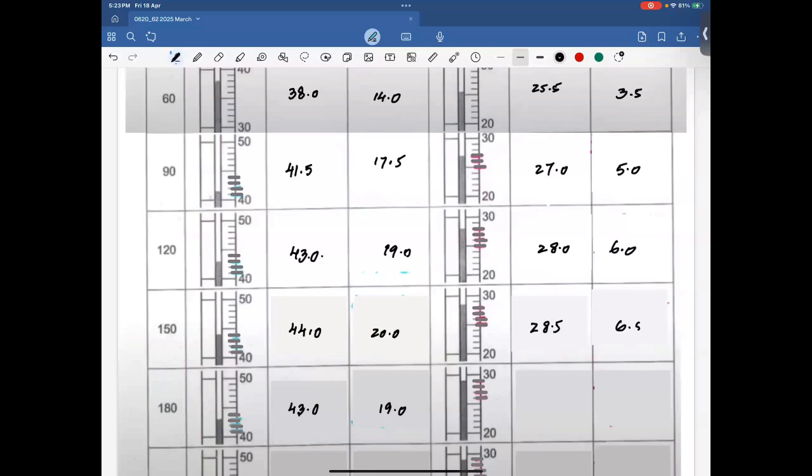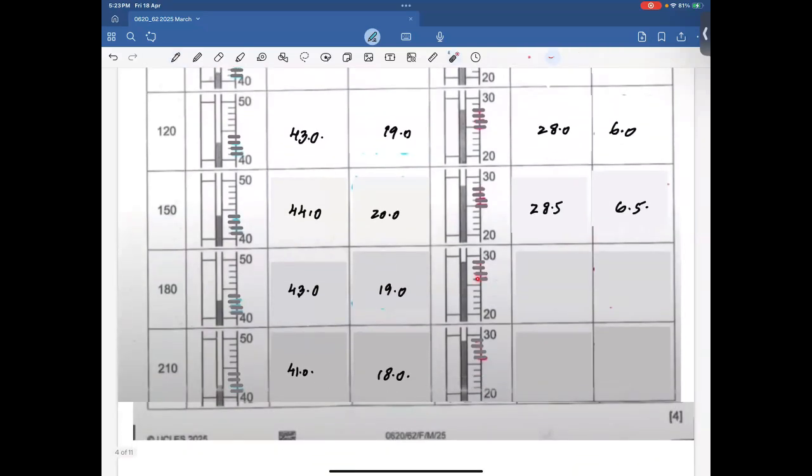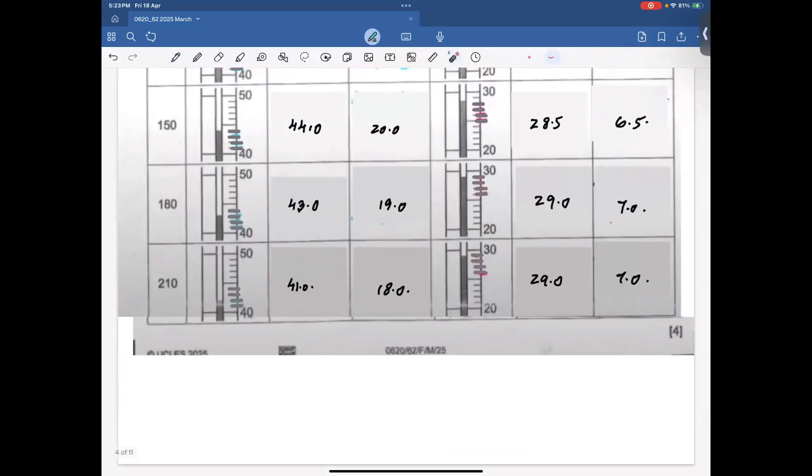Then 6.5, then 26, 27, 28, and this one is 29.0, 7.0. Last 26, 27, 28, 29.0, then 7.0. The last two readings are the same, which means the reaction has finished, right?